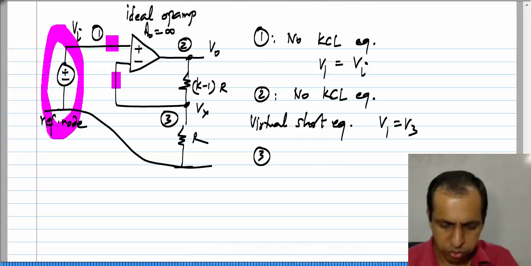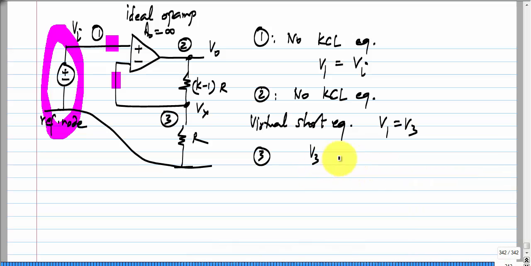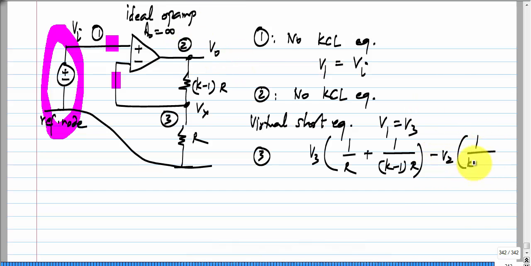Let me use my usual notation: V 3 times the sum of conductances, which is 1 by R plus 1 by (k minus 1) times R, minus V 2 times 1 by (k minus 1) times R, equals the total independent current source being injected into this node, which is 0. Okay.